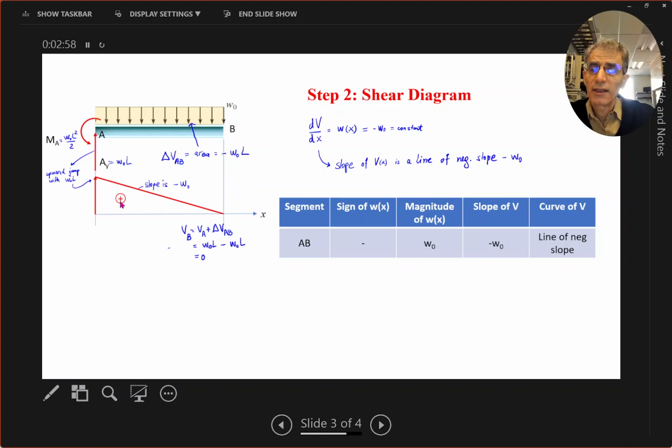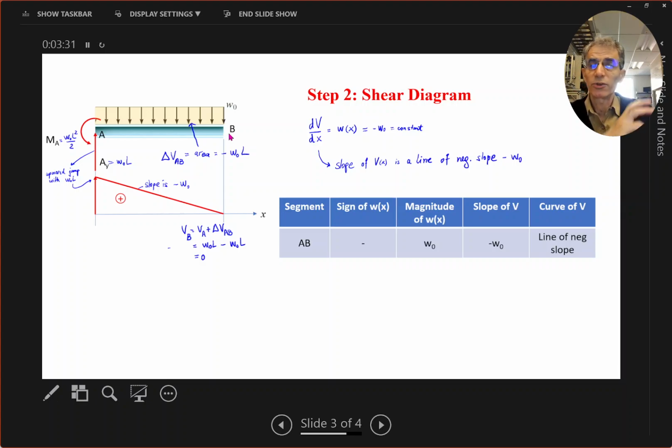We are calculating V at point B. It's going to be equal to the shear force V_A plus the change, which is the area of this rectangle. When we do it, it ends up right there at zero. In the area of the rectangle, I used the negative sign of w, although here it's w naught, so please be aware of the negative sign. If it's going downward, it's negative, like we have in our convention.